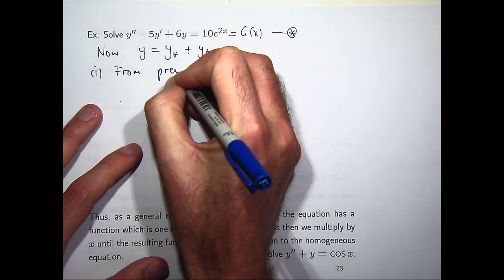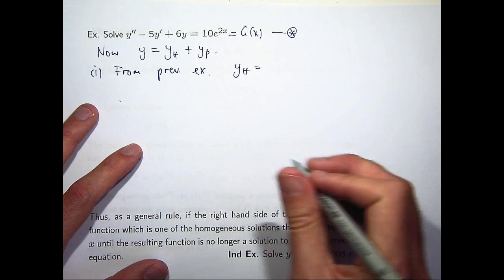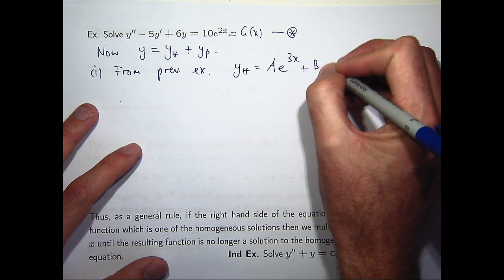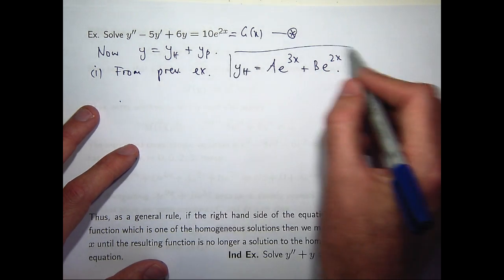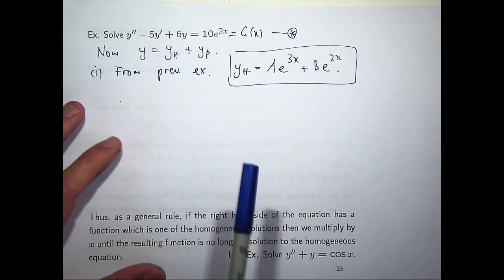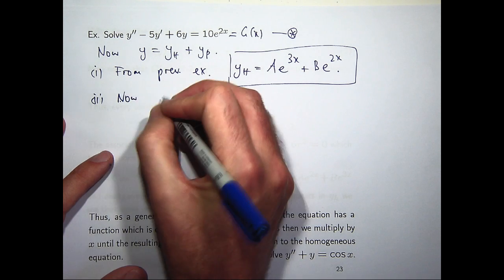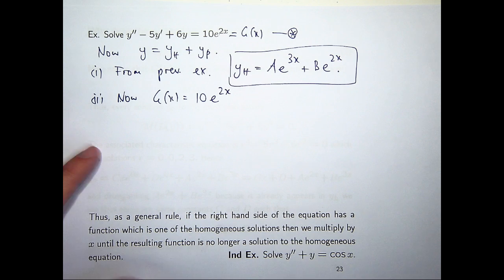So from the previous exercise, y sub h is something like this. Okay, that solves the homogeneous problem. Now, the right-hand side is 10 times e to the 2x.